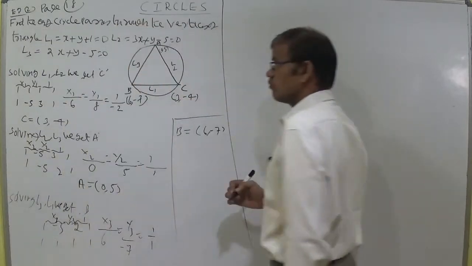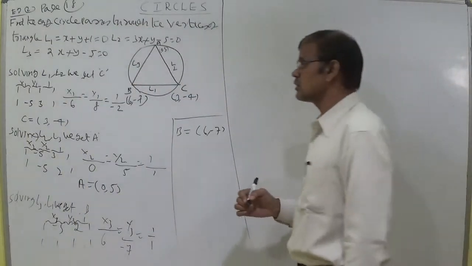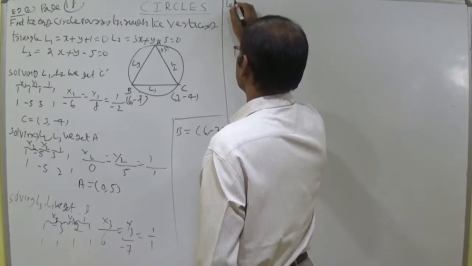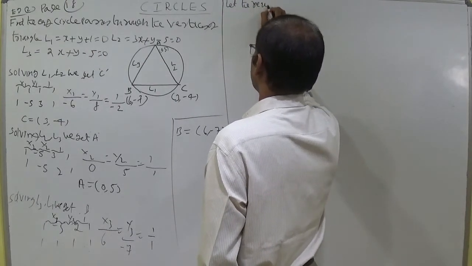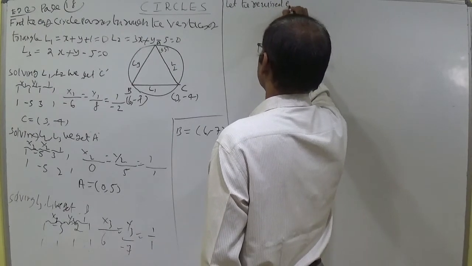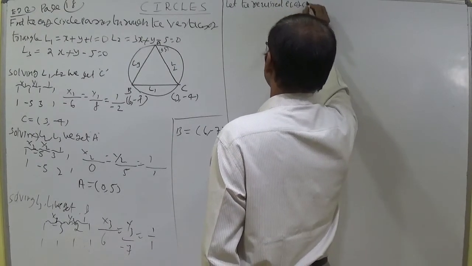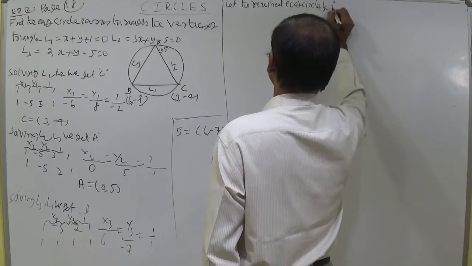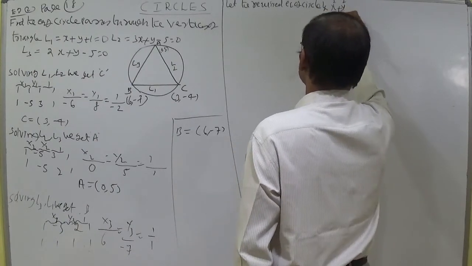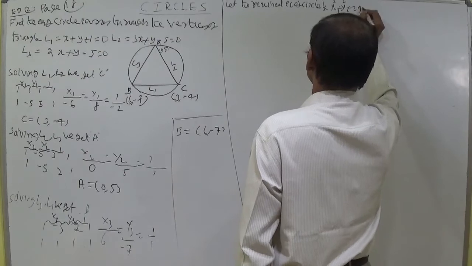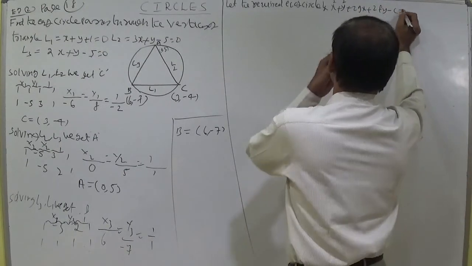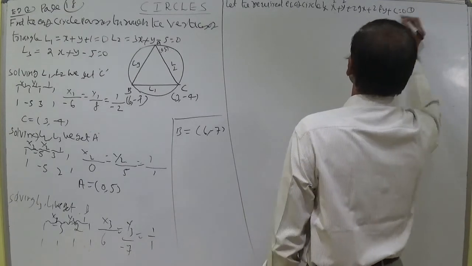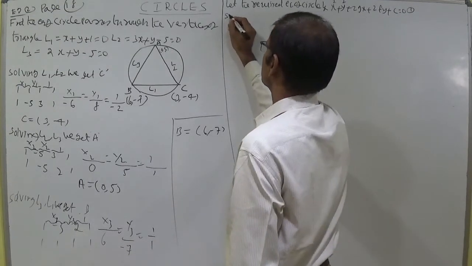Now after completion of solving, we got 3 points. Let the required equation of circle be x square plus y square plus 2gx plus 2fy plus c equal to 0. Let it be the first equation.